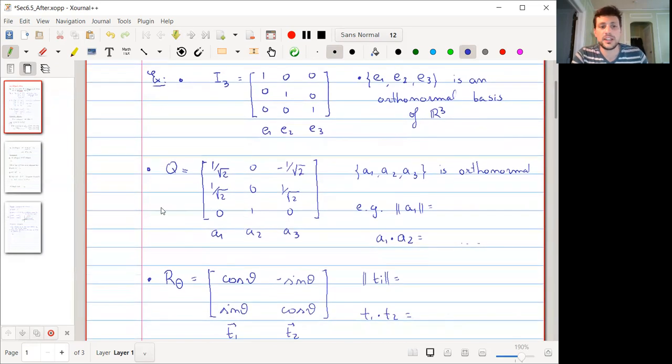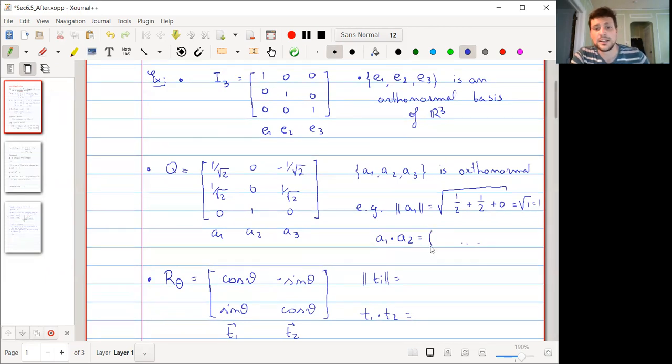Something a little bit more interesting is a matrix like this Q matrix here. In fact, its columns A1, A2, and A3 are an orthonormal basis for R3. To do that, one should check that all of these columns are unit vectors. Let's check it with A1. The norm of A1 is the square root of the sum of the squares of its entries. So it's 1/2 plus 1/2 plus 0, but that's the square root of 1, which is equal to 1, which is good.